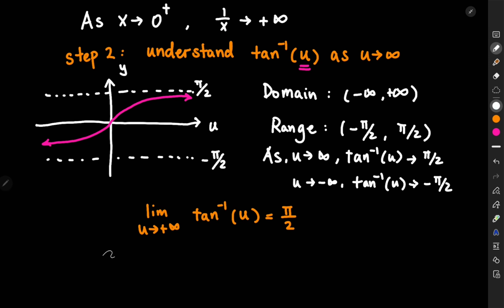Now let's plug in our x. So we know here u is equal to 1 over x. Therefore, our original equation would also be equal to pi over 2.